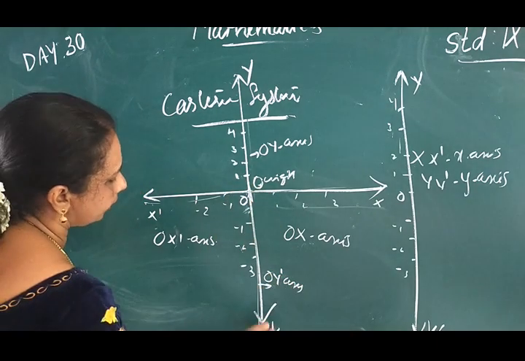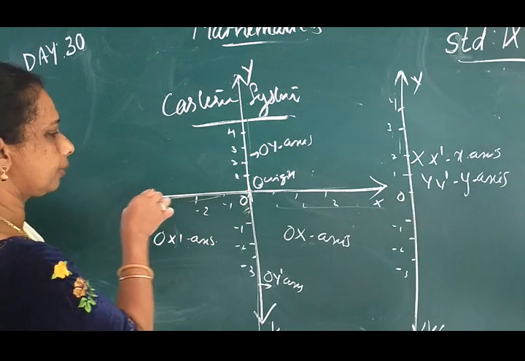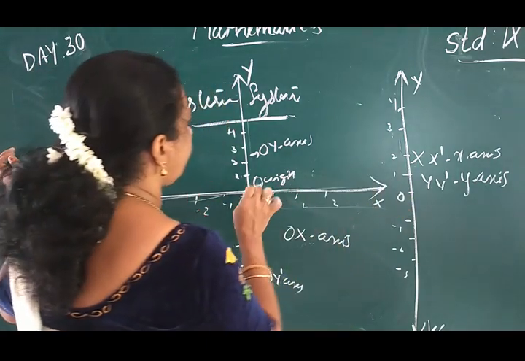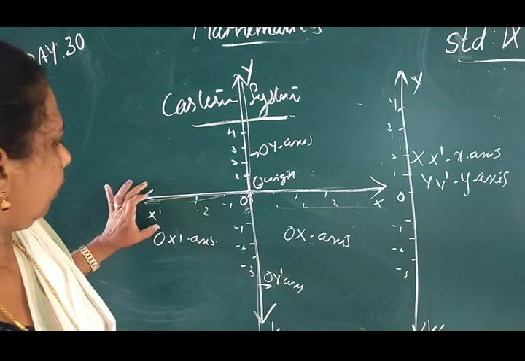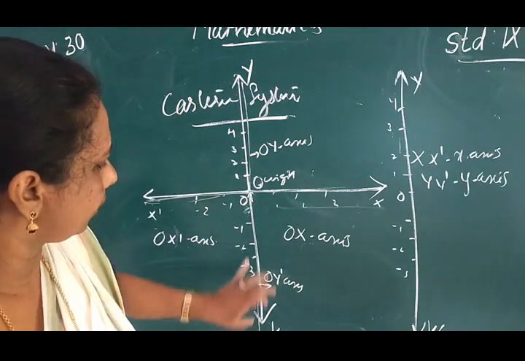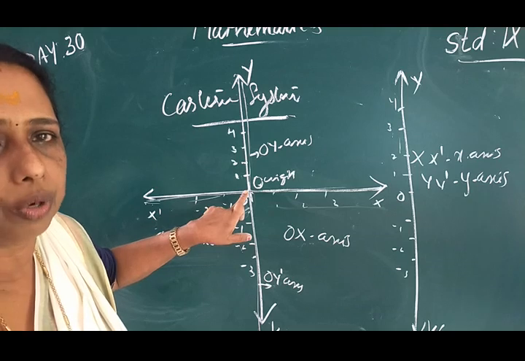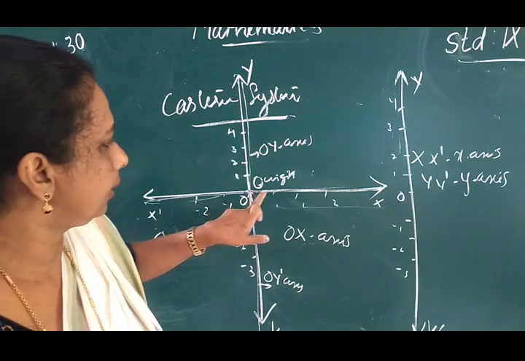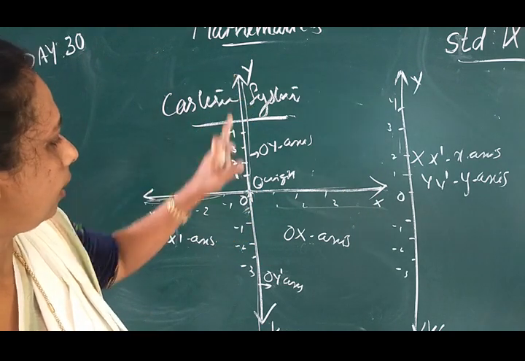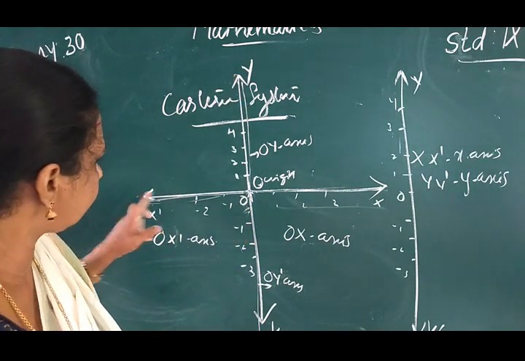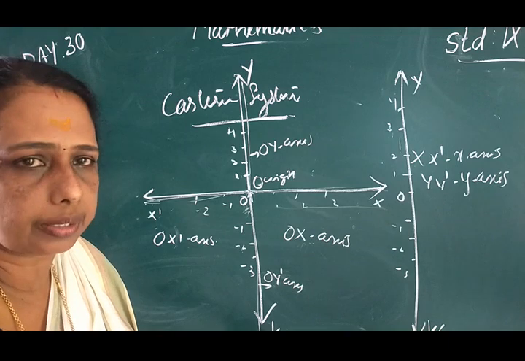Here the x-axis and y-axis intersect at a point. That point is called the origin.